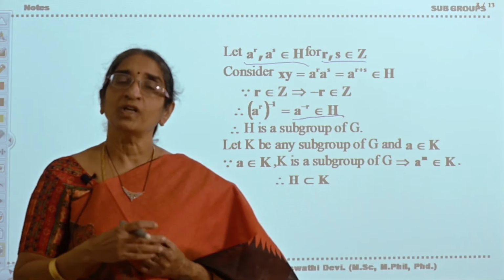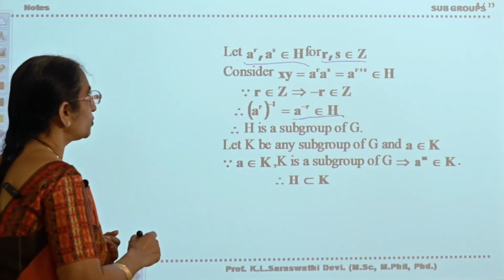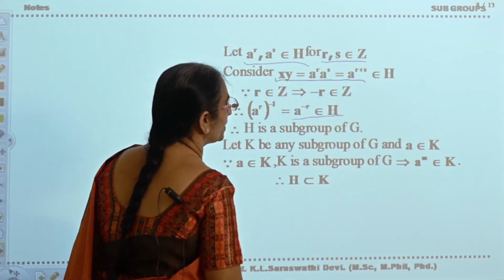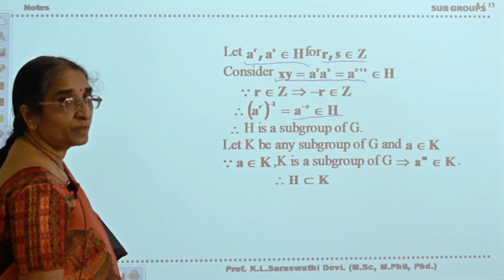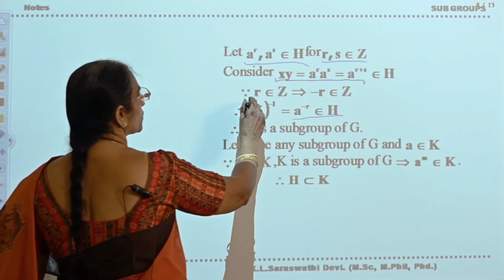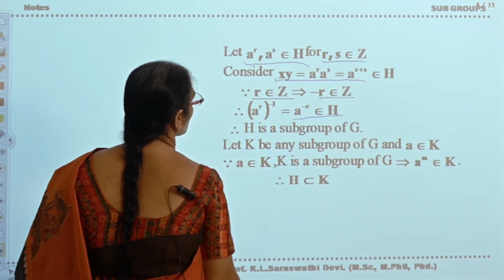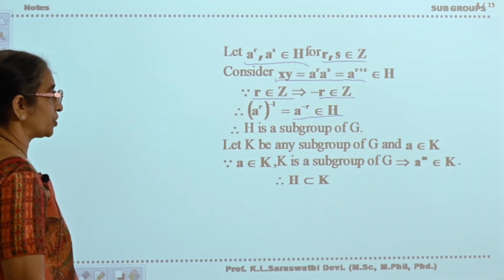You proved that theorem. According to that, here xy, A power r into A power s, is A power r plus s, which belongs to H because r plus s is an integer, the sum of two integers is an integer. r belongs to Z, Z is an additive group, minus r belongs to Z, therefore A power r whole power minus 1 belongs to H.